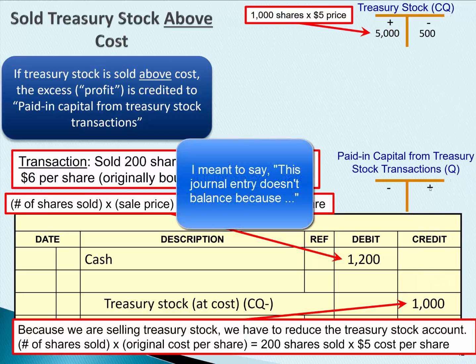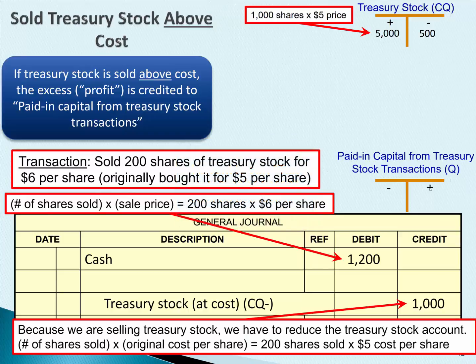Now this entry does not balance because we received more in cash than what we paid for it. So the balancing amount is going to go into the paid-in capital from treasury stock transactions. First, I'm going to update the T account for treasury stock.